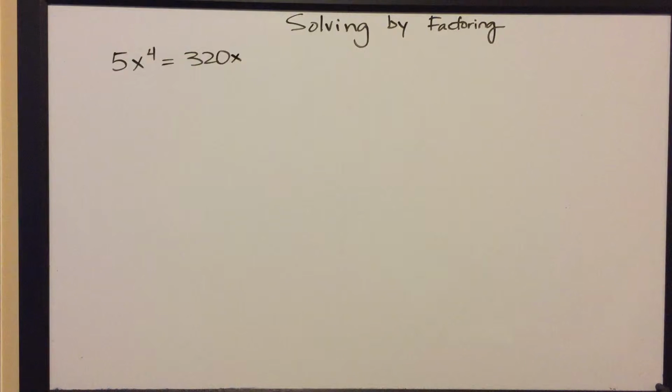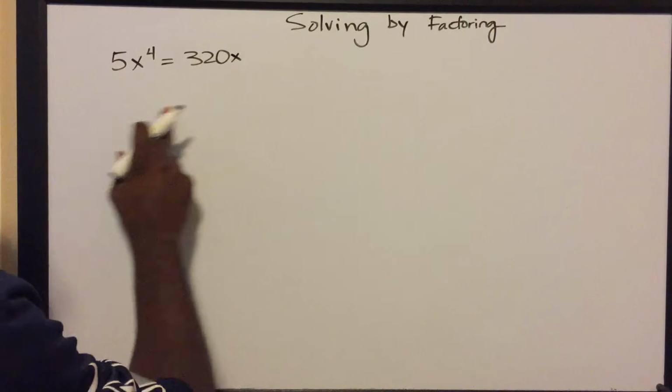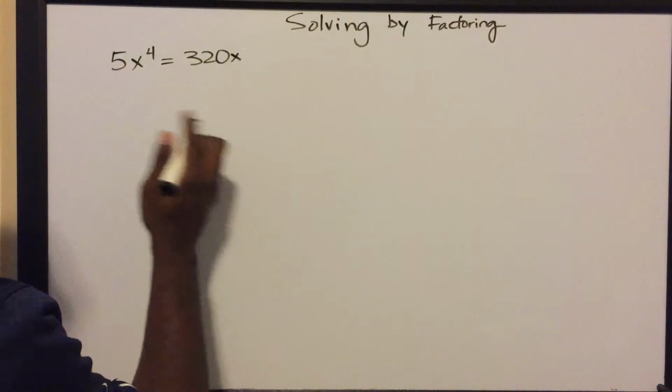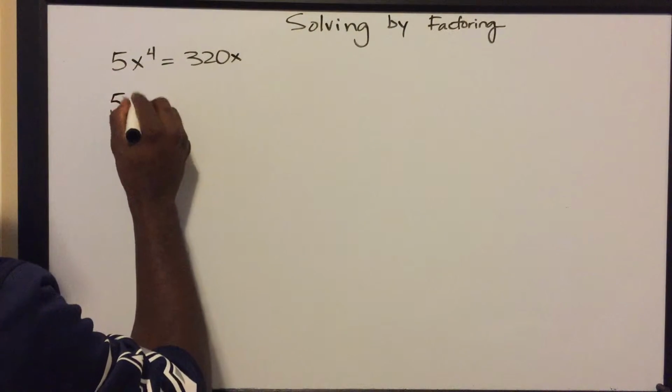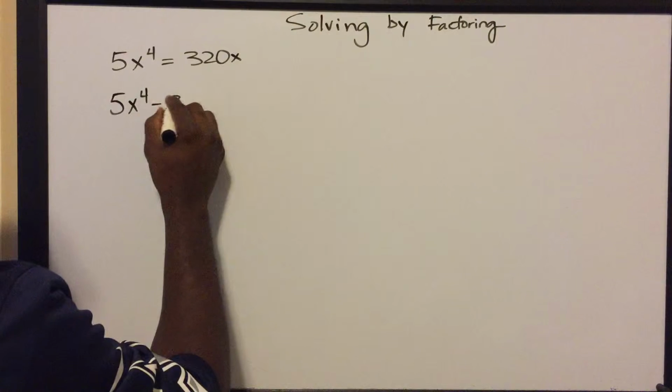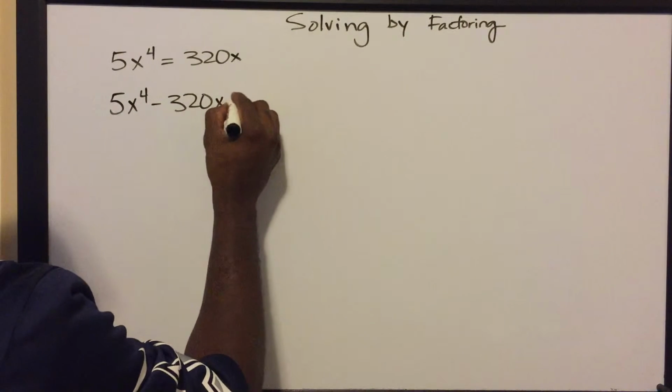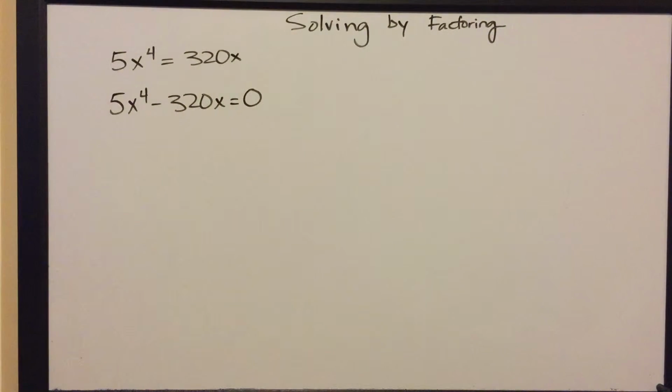Let's set this up the same way we did the last problem, in that we bring what was over on this side and set it equal to 0. So now it is 5x to the 4th minus 320x is equal to 0. Then we ask ourselves, can we factor anything out there? Indeed, we can factor 5x out.